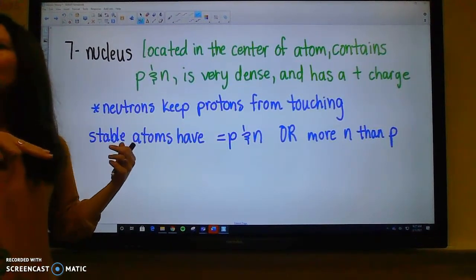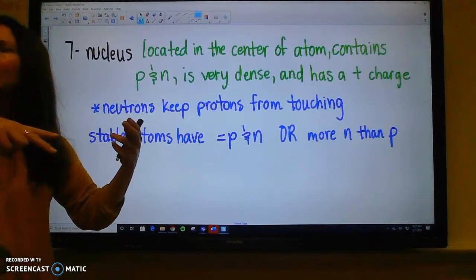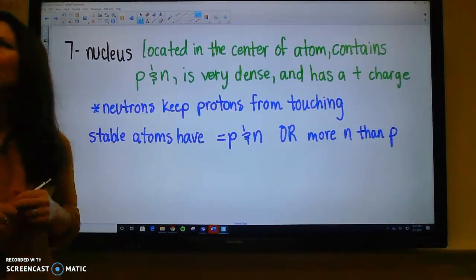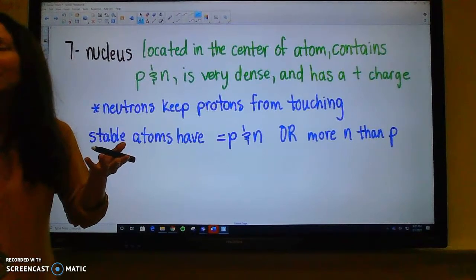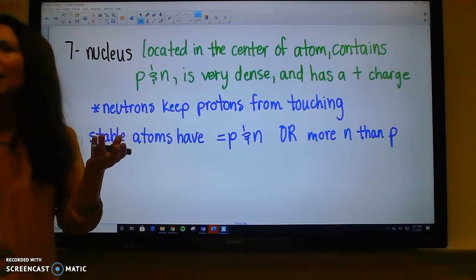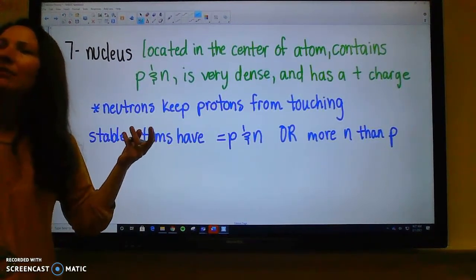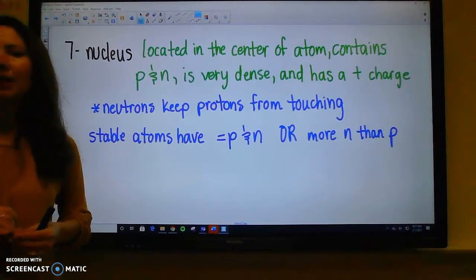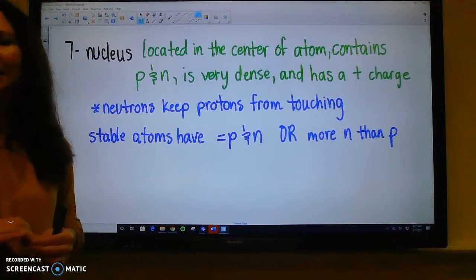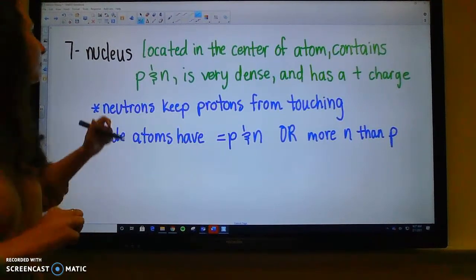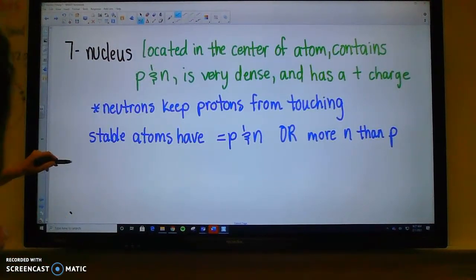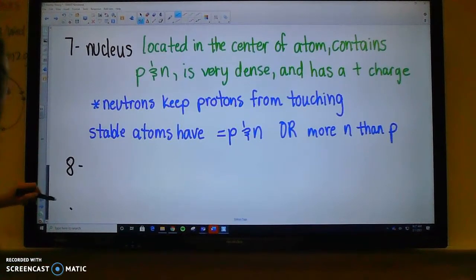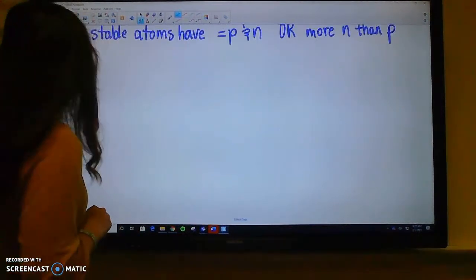Or you could have some more neutrons than protons. So let's just say we had a mass of 11, not 12. Then it's an odd number. You're going to have maybe 6 of the neutrons and only 5 protons, and not the other way around. Does that make sense? Okay. This will make a little bit more sense once we get an example.